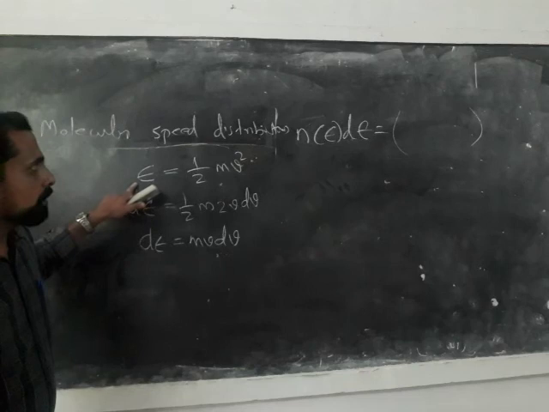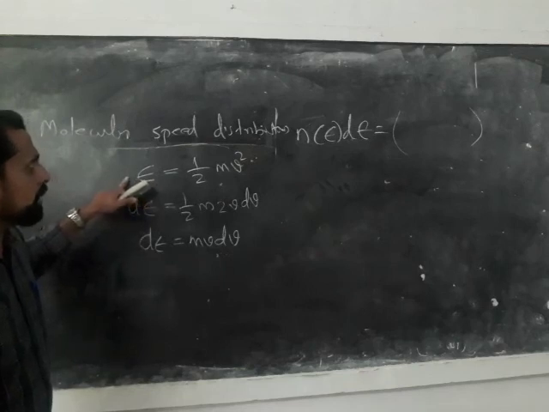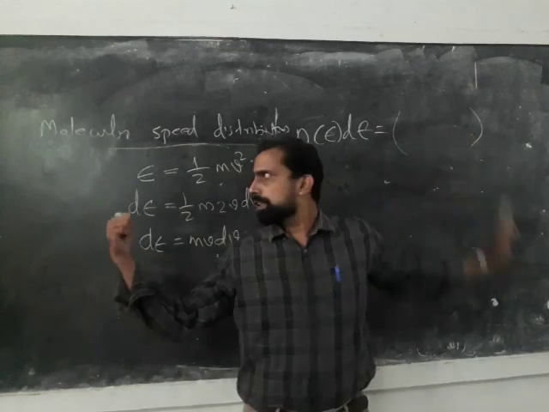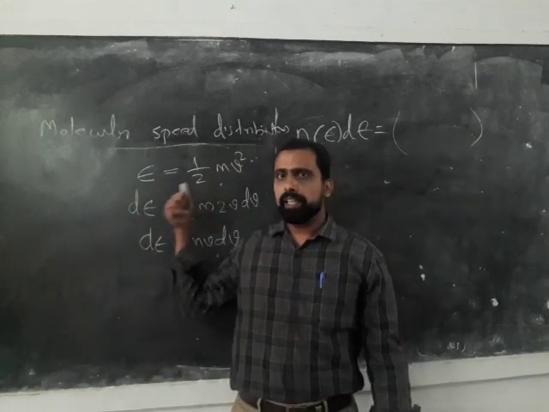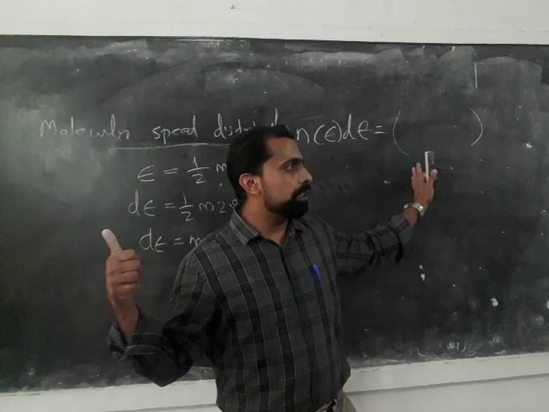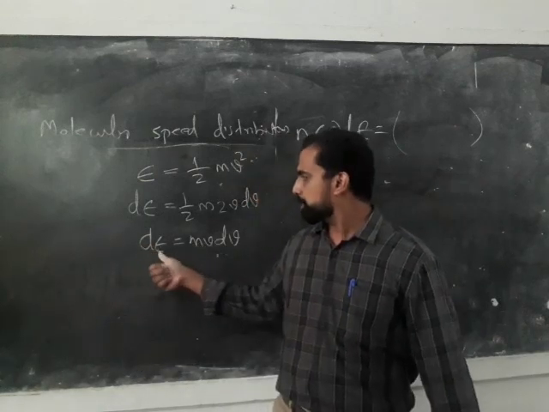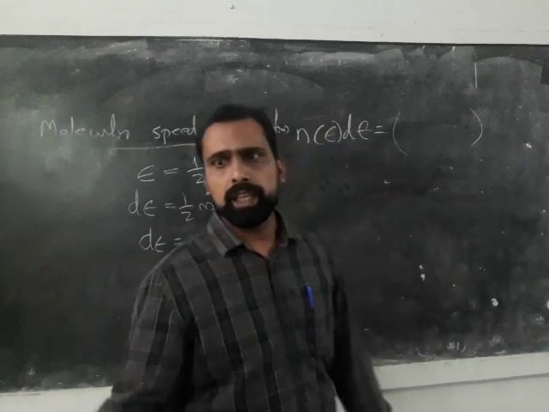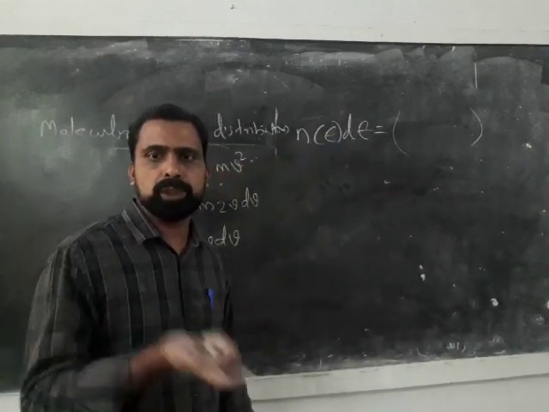You can now replace all the epsilon in your equation with this half mv square, and all the terms d epsilon by this mv dv, that we are going to do. So I will just rewrite the n of epsilon d epsilon again.